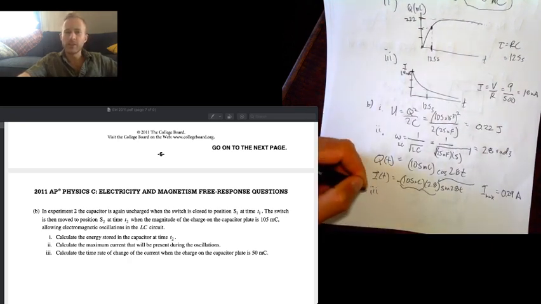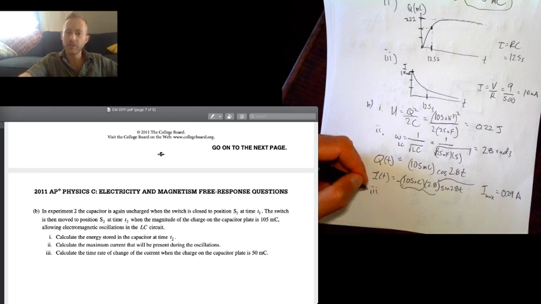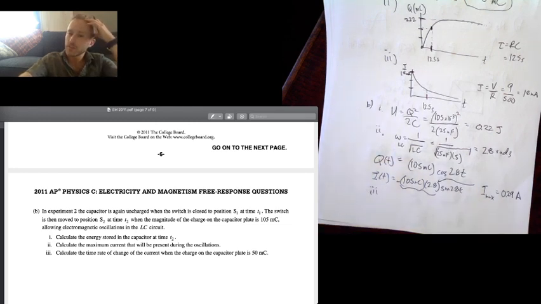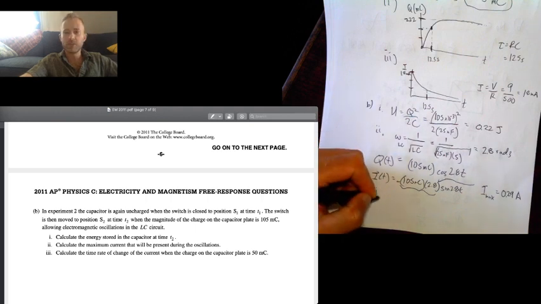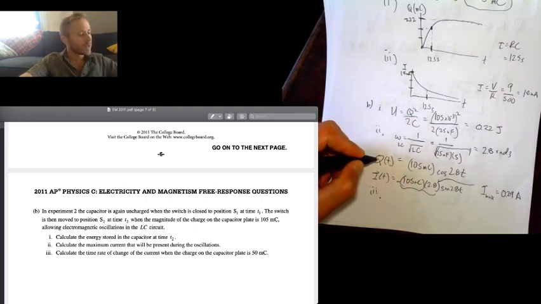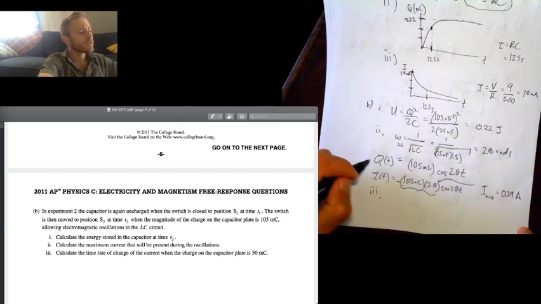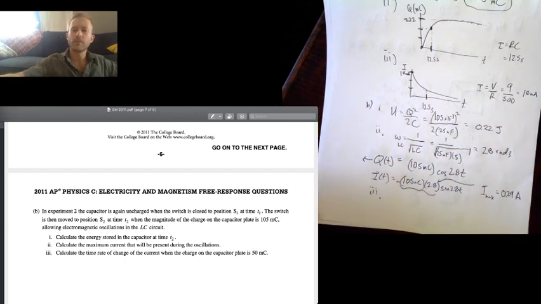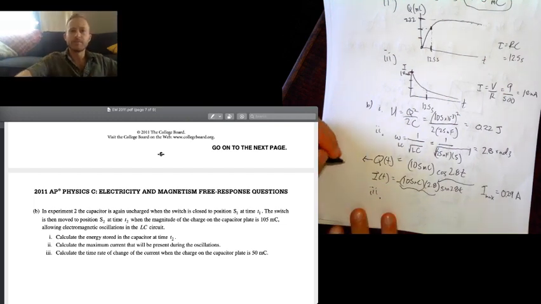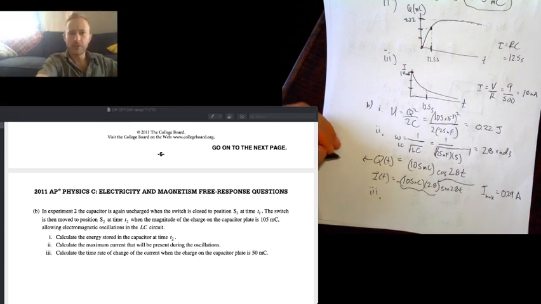Part 3 says calculate the time rate of change of the current when the charge on the capacitor plate is 50 millicoulombs. I'm not even going to solve that, but what the heck, I'll solve it. I've got to set this equal to 50 millicoulombs and solve for time.